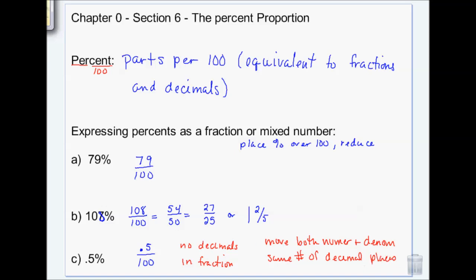To get rid of this decimal, I'm going to move that one place. There's an invisible decimal there. I have to move that one place and add a 0 as a placeholder. So this 0.5 over 100 turns into 5 over 1,000. 5 and 1,000 will both divide by 5. So I finally get 1 over 200.